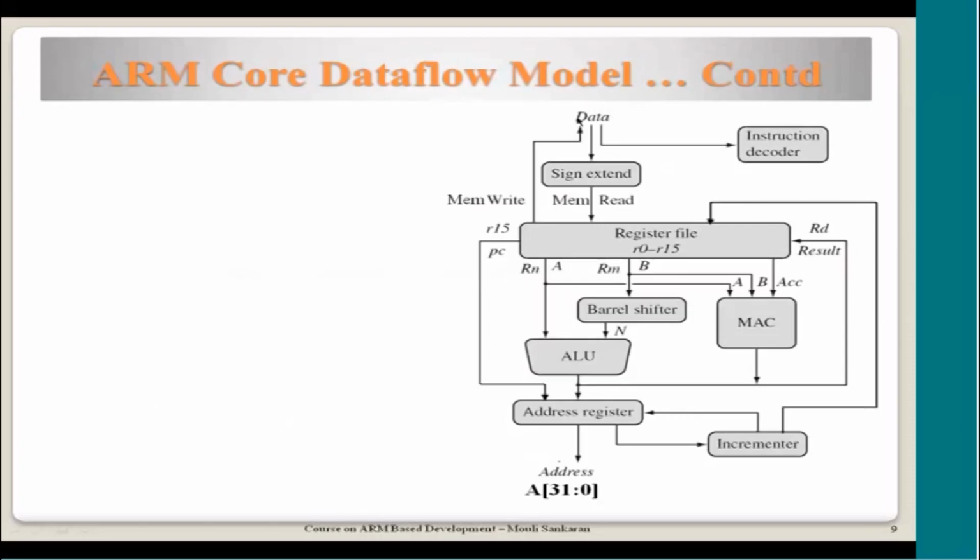Now if you recall, ARM7TDMI, which we are talking about now, is a von Neumann architecture. So that means what? Both instructions and data come from the same memory. So here data as well as instructions come into the processor through this line.